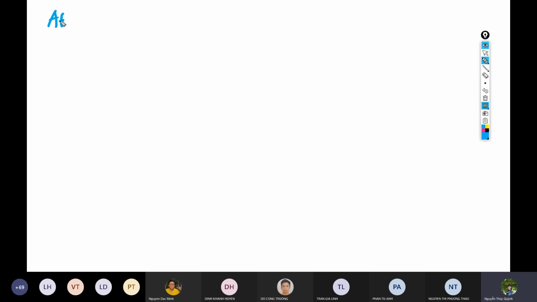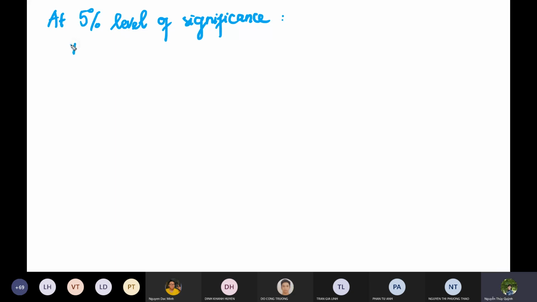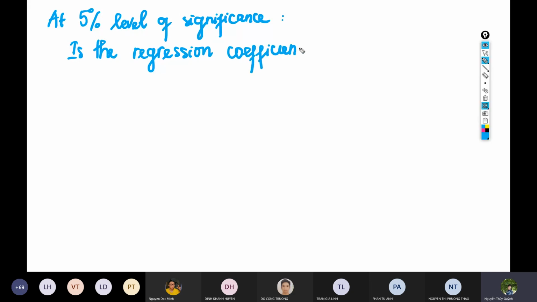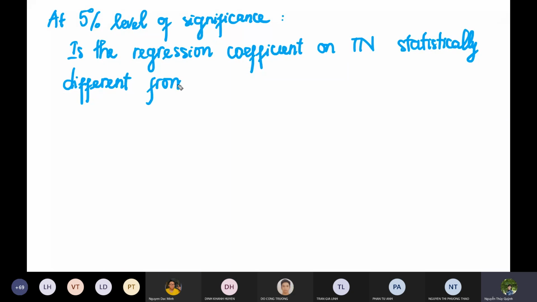At 5% level of significance, is the regression coefficient on Tn statistically different from 0?